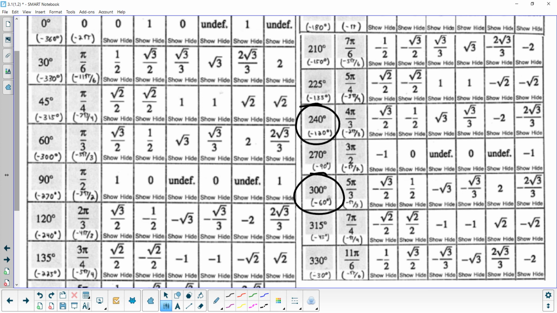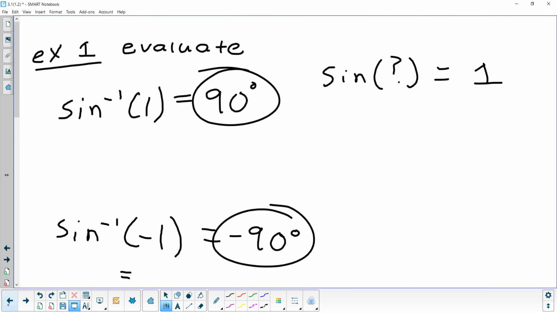So the four numbers that I just circled are 240, negative 120, 300, and negative 60. Which one of those is going to be my answer for inverse sine of negative root 3 over 2? Raymond? Negative 60. Yep, negative 60 is the only one that falls between negative 90 and 90. Good.